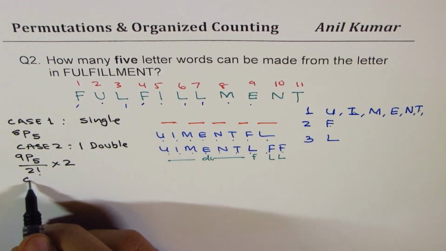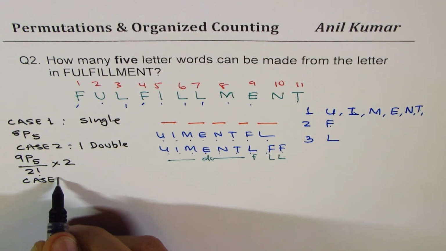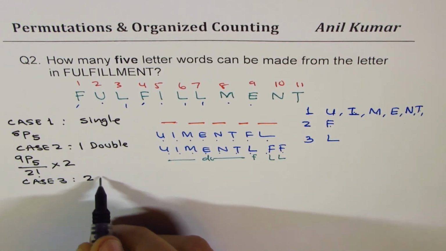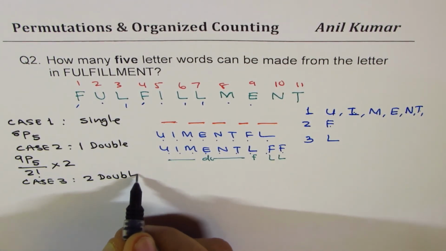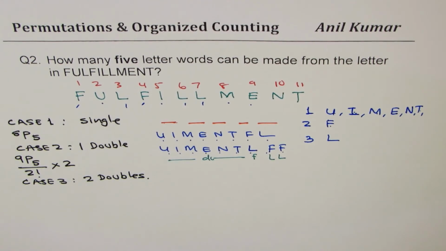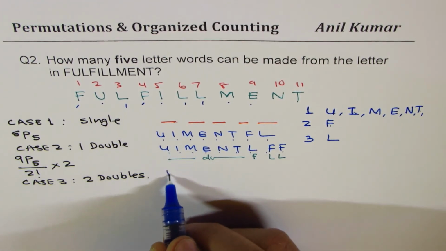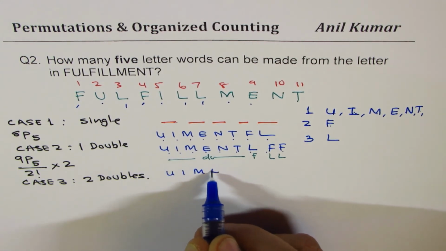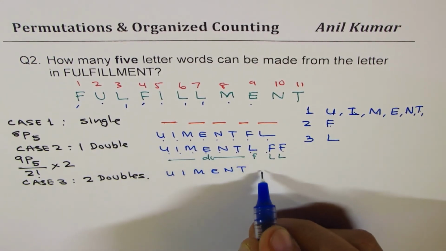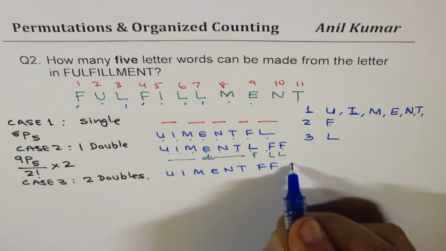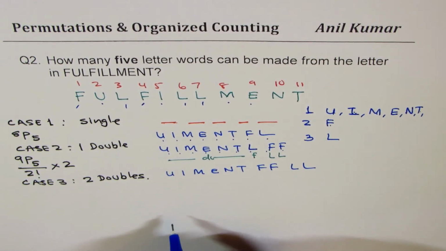Now we could have case 3, where we have 2 doubles. So 2 doubles means we have these letters: U, I, M, E, N, T, and 2 F's and 2 L's. Correct?